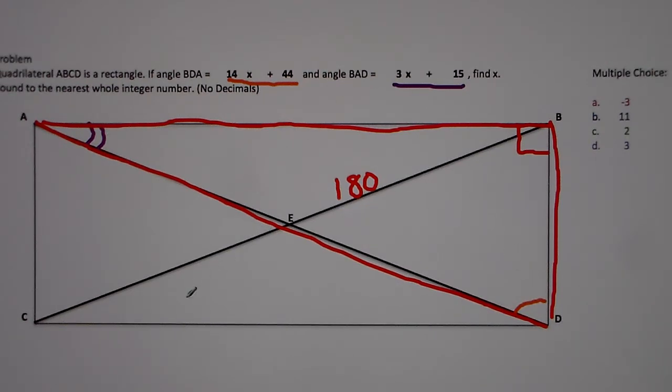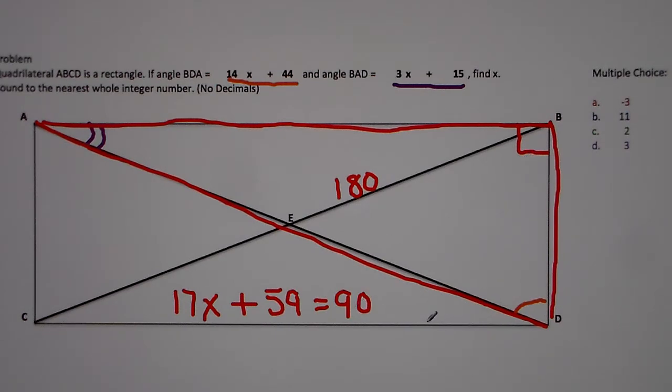So let me write that out. 14x plus 3x gets us 17x. 44 plus 15 gets us 59. And that's equal to 90 degrees, because 180 minus 90 gets us 90 degrees.